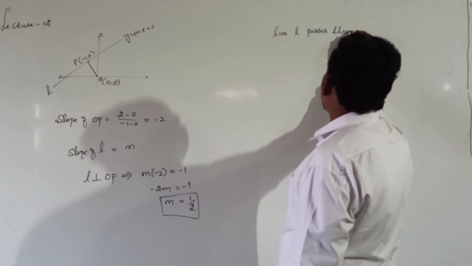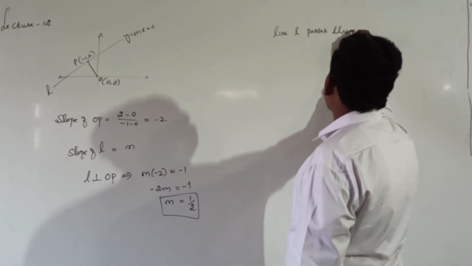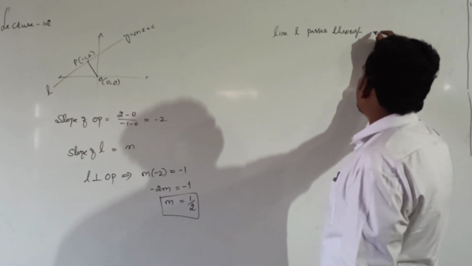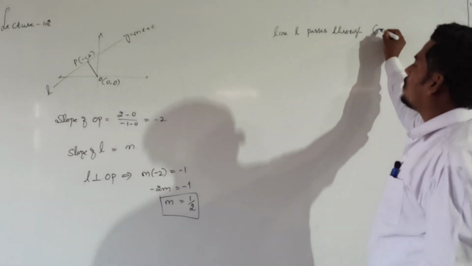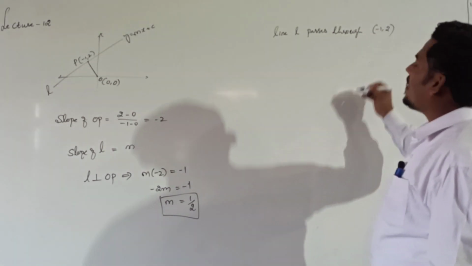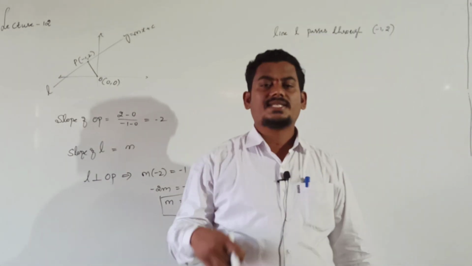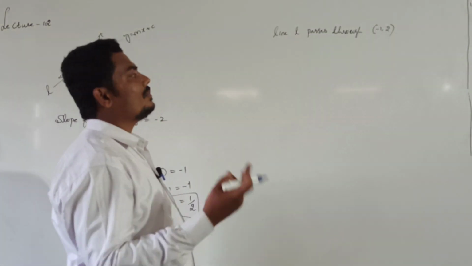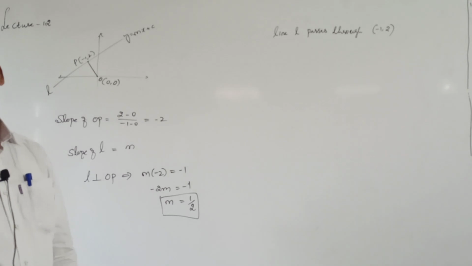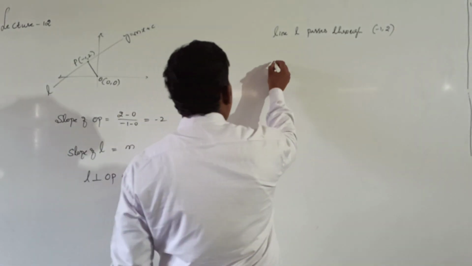Passes through minus 1 comma 2 means replace x value with minus 1 and y value with 2.